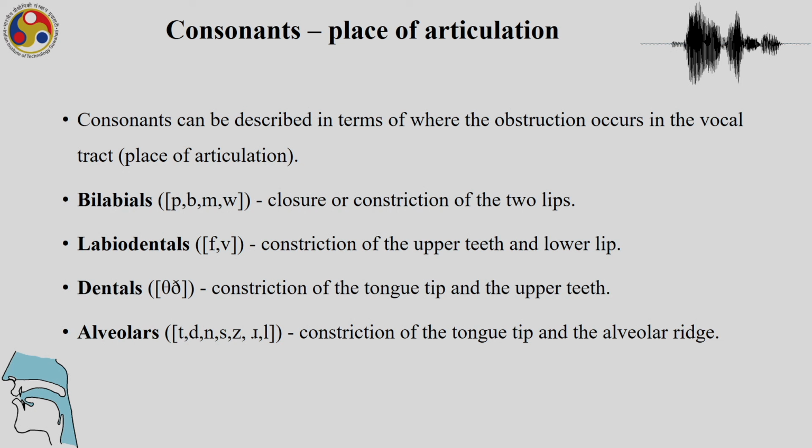Coming now to the place of articulation, when the lips are involved, then we have bilabials. When both the teeth and the lower lip are involved, where you have a constriction of the upper teeth with the lower lip, then we have labiodentals, and dentals obviously involve the constriction of the tongue tip and the upper teeth.